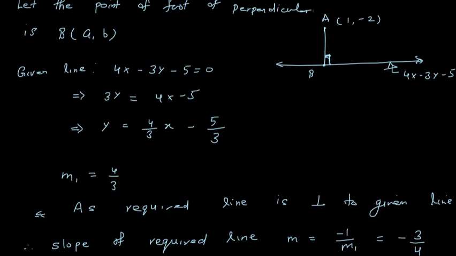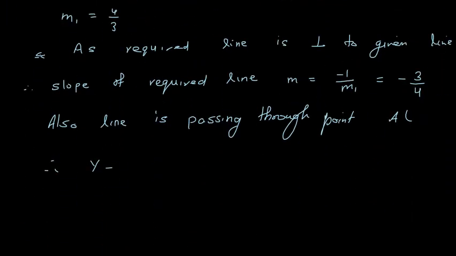Now this point A is 1 comma minus 2. So therefore y plus 2 is equal to minus 3 divided by 4 times x minus x1. The value of x1 is 1.